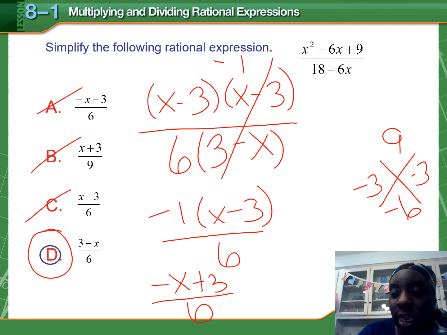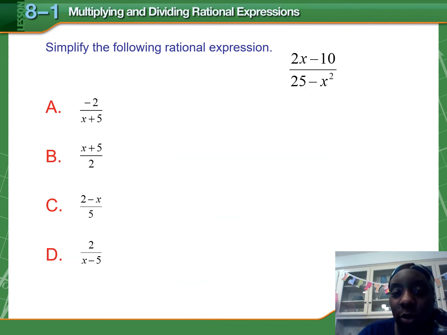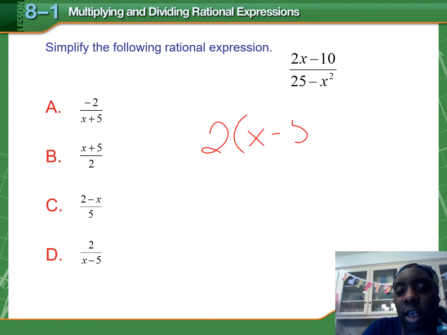All right, let's see if we can finish this out. I think we have 2 more things we have to do. This actually might be our last one. Let's see, using that negative rule. So we have 2x minus 10. Let's factor it out, and hopefully you've tried it already and seen if you've gotten the answer. So I have 2 times x minus 5. That looks great.